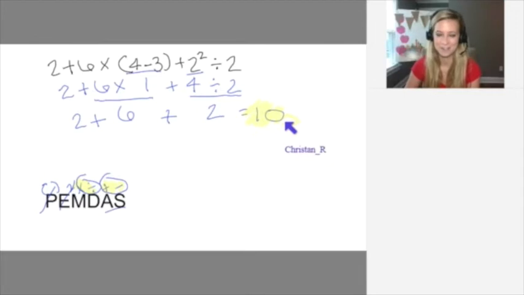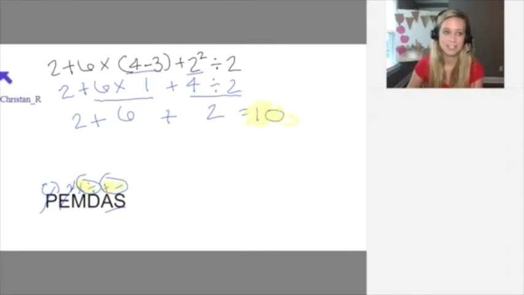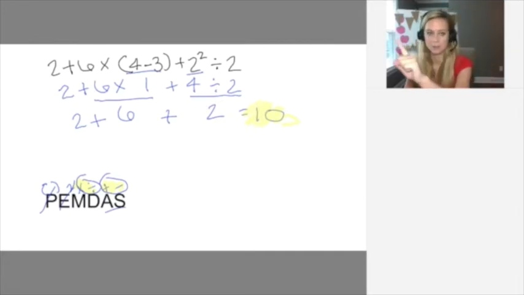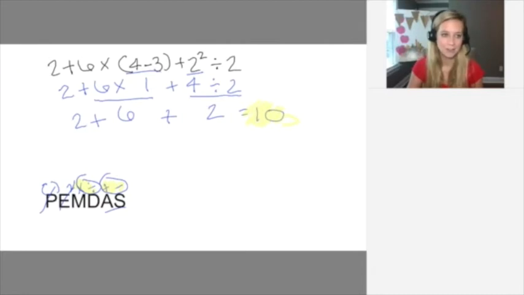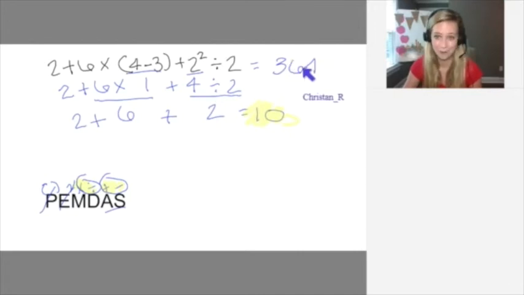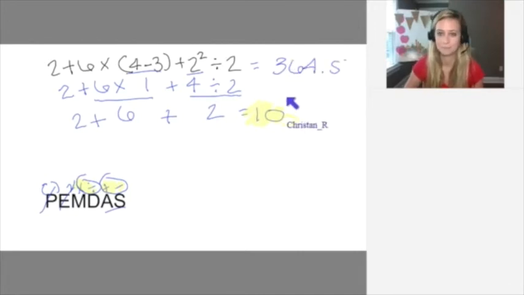And that was how we used the order of operations to solve the problem. And it's important to use PEMDAS because if we weren't going to use PEMDAS and say we did make the mistake that many students make and just work from left to right, the number that we'd actually receive would be 364.5.